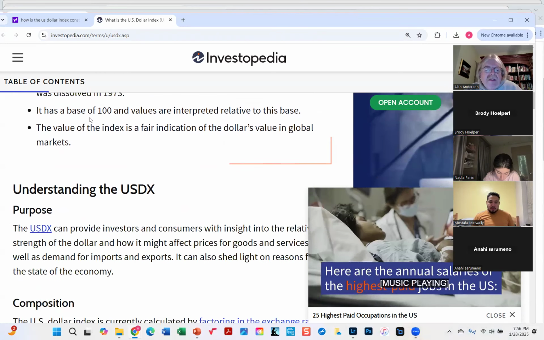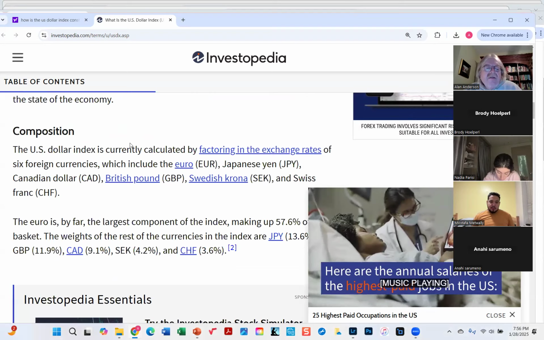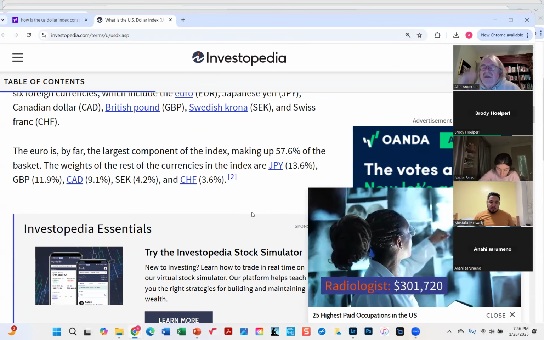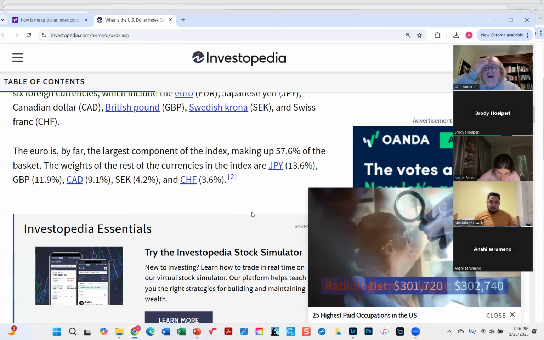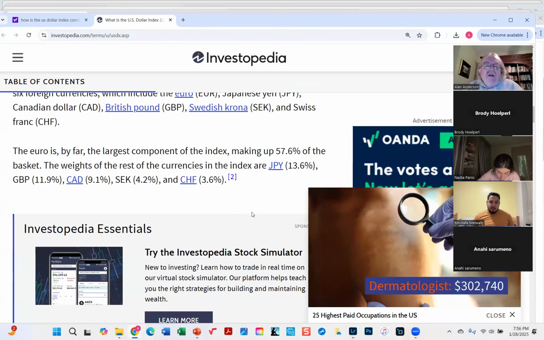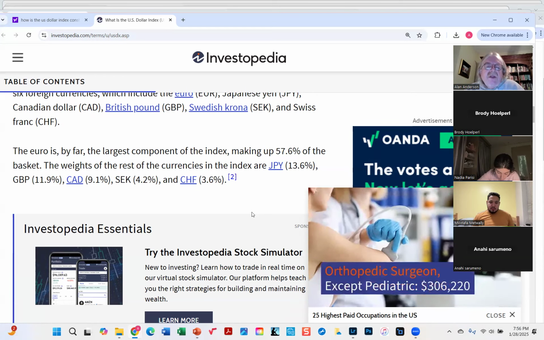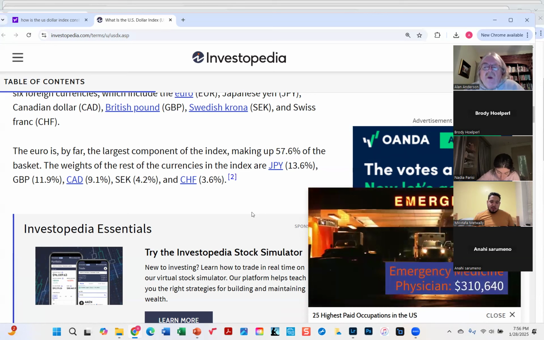Oh, and by the way, this is the interesting part. They don't just average them out. They don't just add them up and divide by six. They have to take into account how much trade we do with each of these countries. So it's a weighted average, and you can see the weights are listed here.